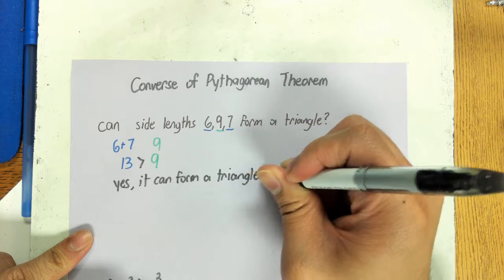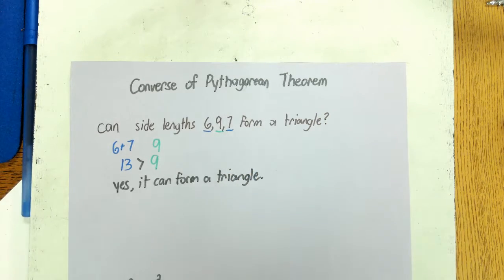So the converse of the Pythagorean theorem has something to do with forming triangles and looking at the sides of a triangle.